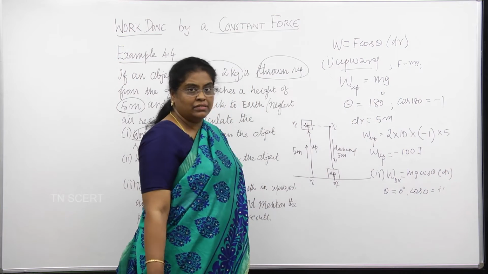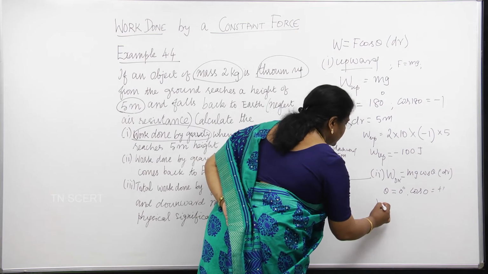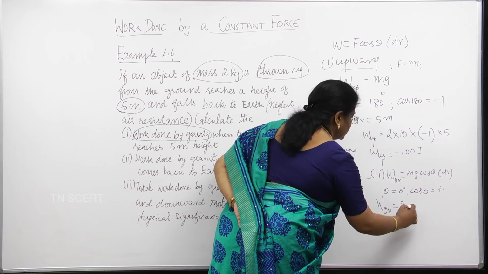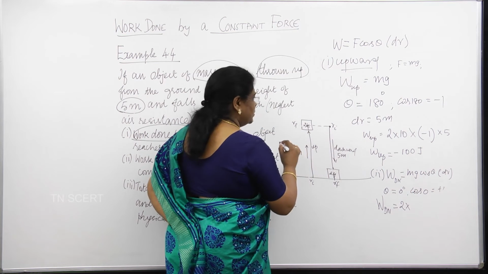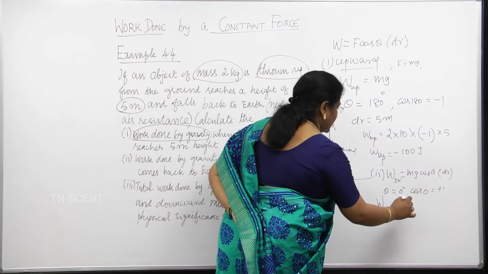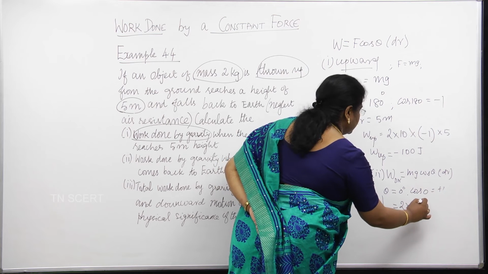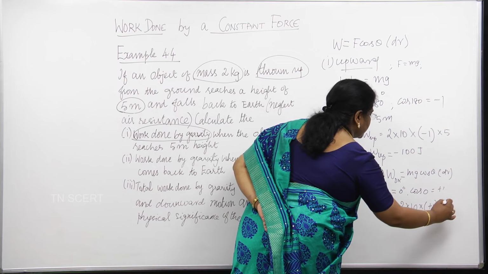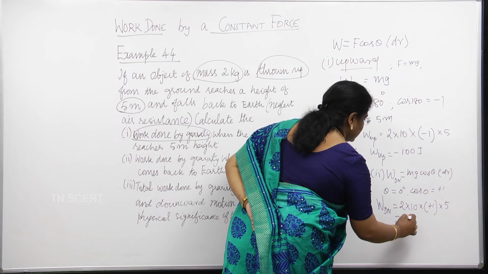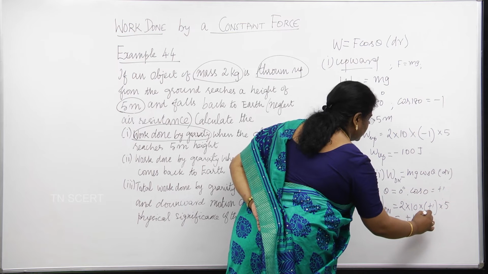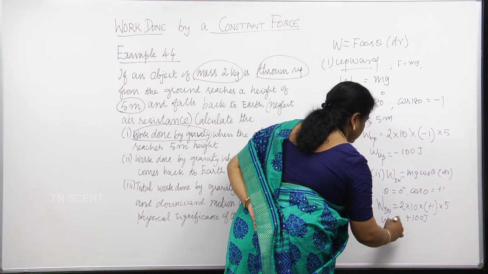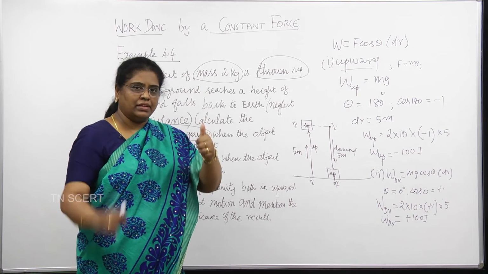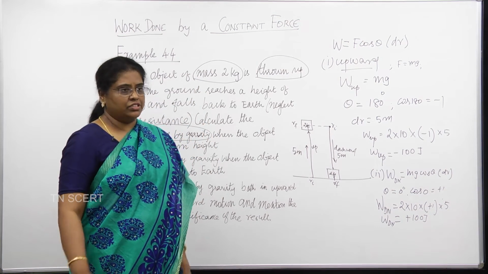Substituting, the downward work done is m times g times plus 1 times 5. What is the answer? Plus 100 joules. So, upward is minus 100 joules, downward is plus 100 joules.